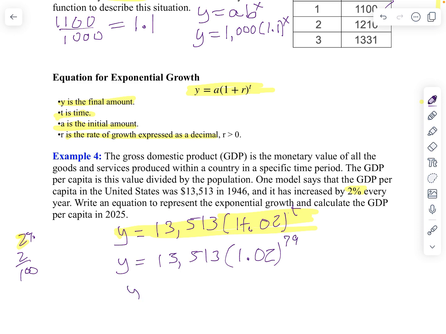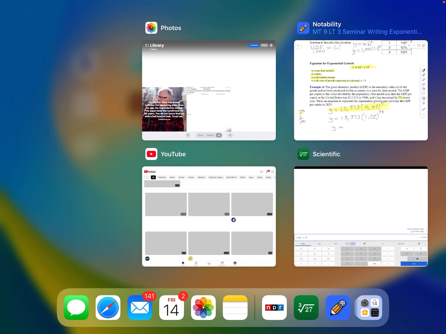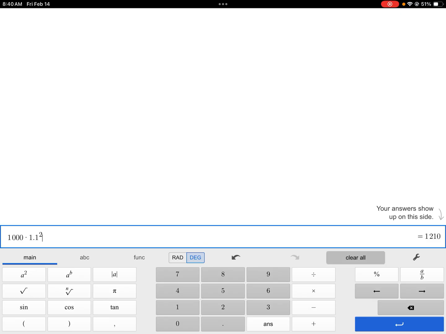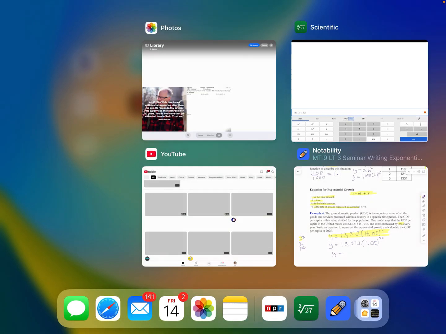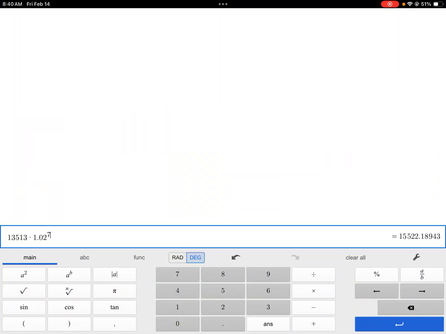So let's predict. We know it's going to be bigger. 2% isn't that much. But let's look at it exponentially. So let's use our calculator. So I'm going to say 13,513 times 1.02. And we're going to raise that to the 79th power.